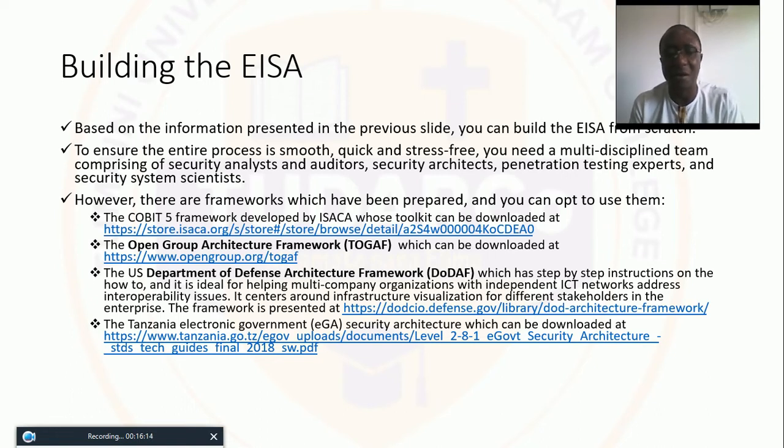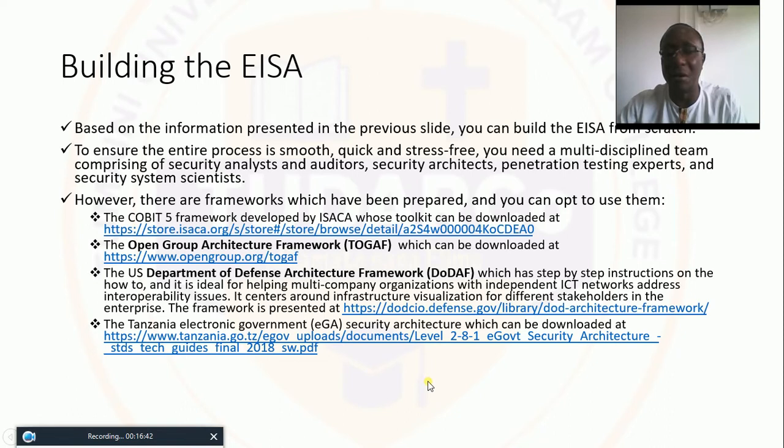The framework again can be downloaded in the provided link. But even Tanzania were not behind. The EGA has got an architecture for building enterprise information security architecture. You can find it in this link, and then you can, as the academician now, analyze each of these and see which one is the best fit for you.